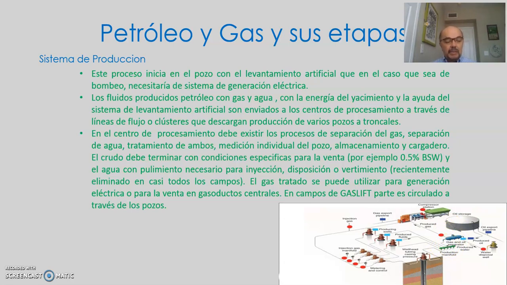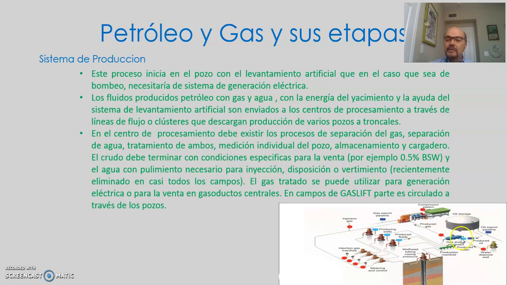Then oil and water go together to a tank farm where the dehydration process takes place. So in there we separate the oil from the water. The water is polished so that we can put it back in the reservoirs. That's what we do. So in this particular case, we separate liquid from gas.